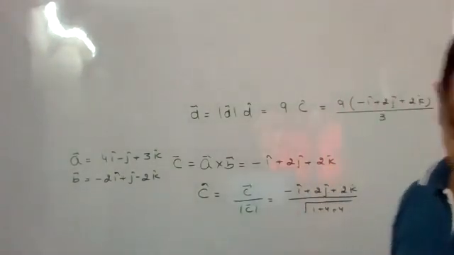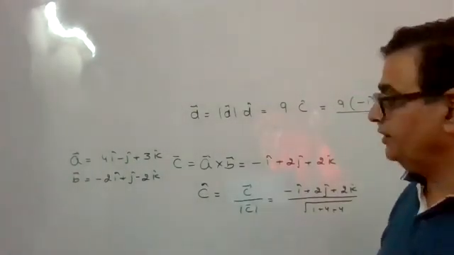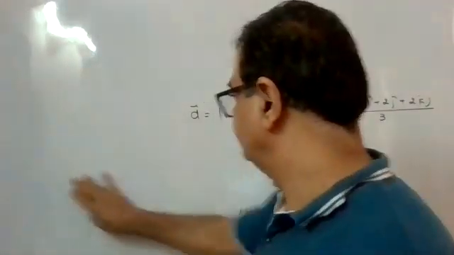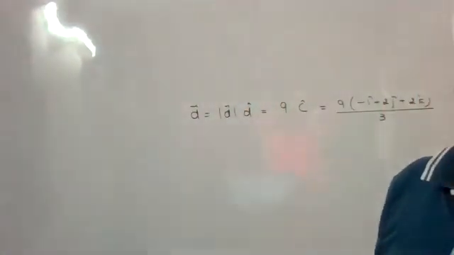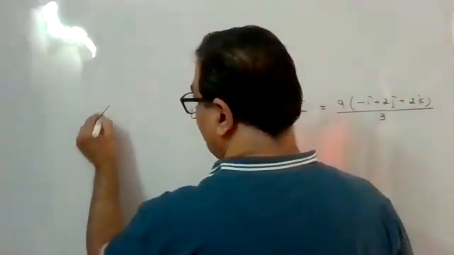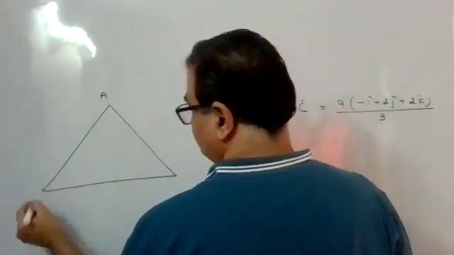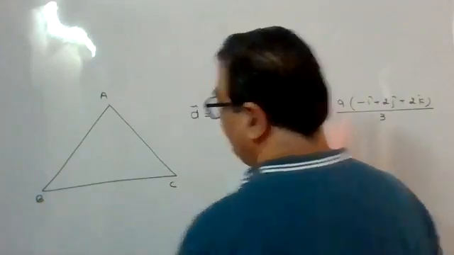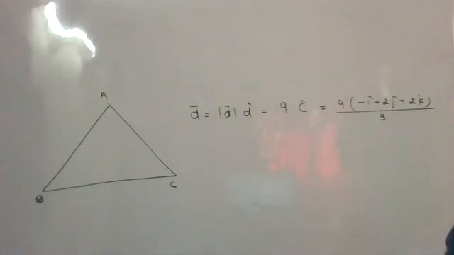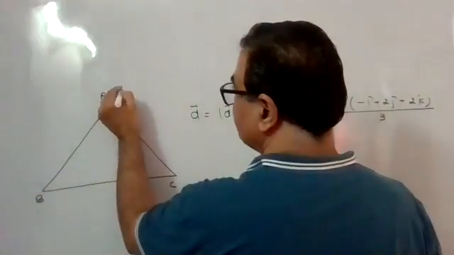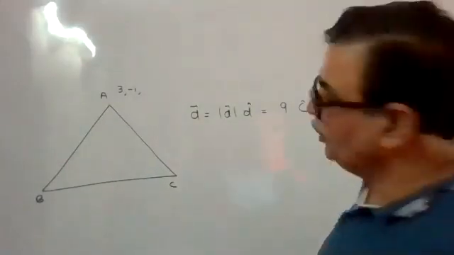Next question, please. Find a unit vector perpendicular to the plane of ABC, where ABC are the points: A is 3, minus 1, 2.